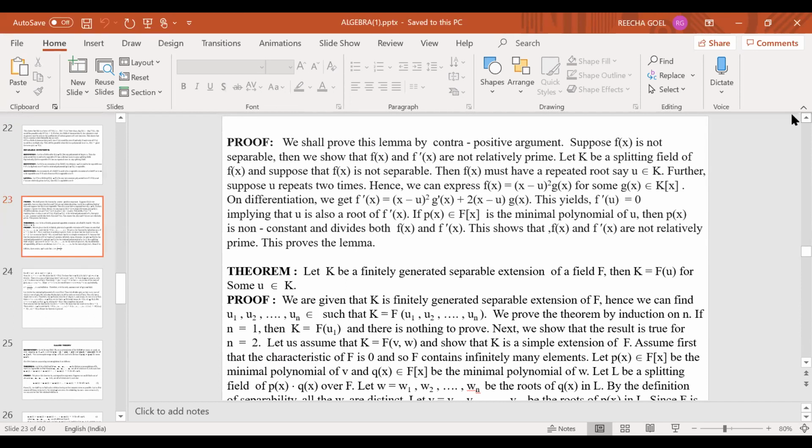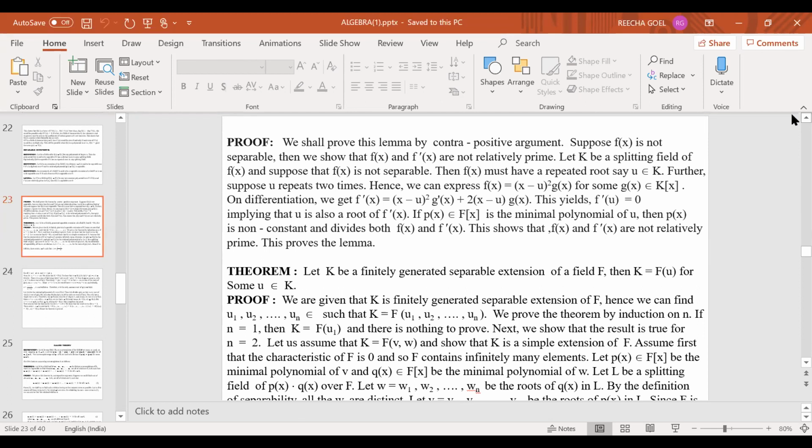So we will show that f(x) and f'(x) are not relatively prime. So let K be the splitting field of f(x). And suppose f(x) is not separable, then f(x) must have a repeated root, say u in K.